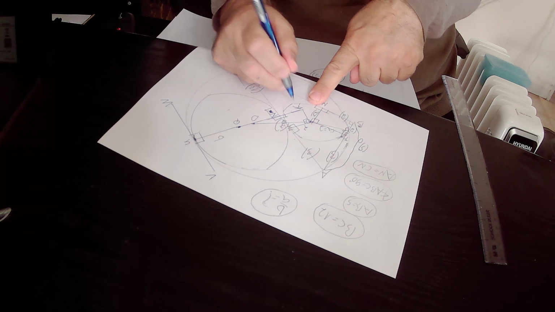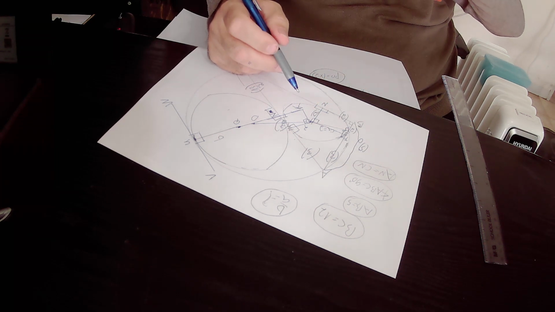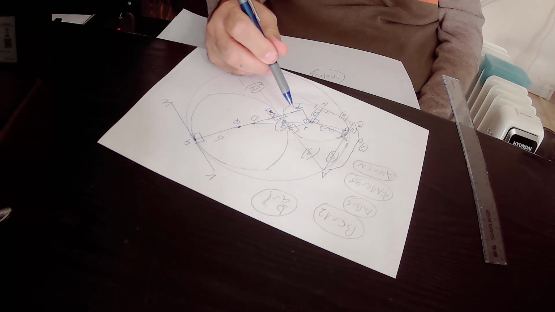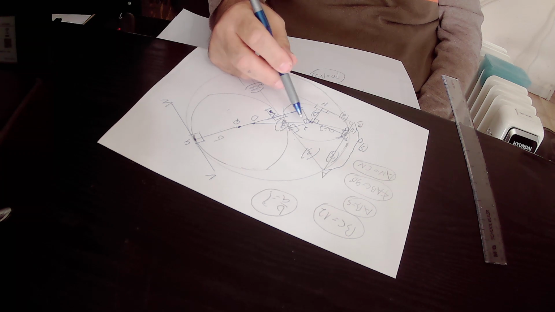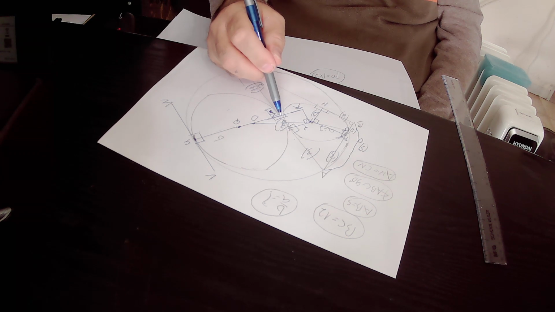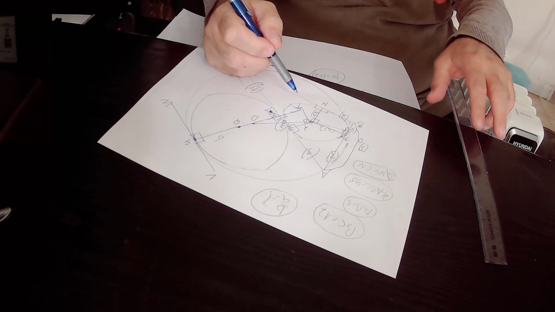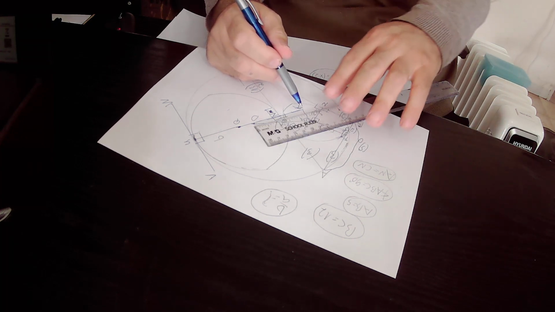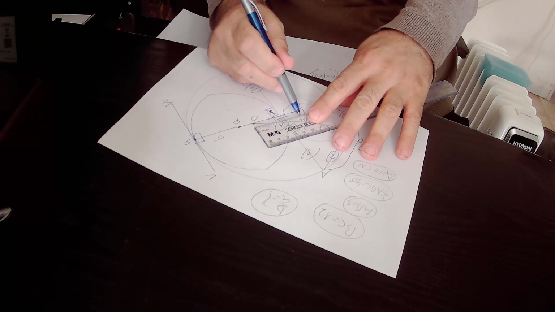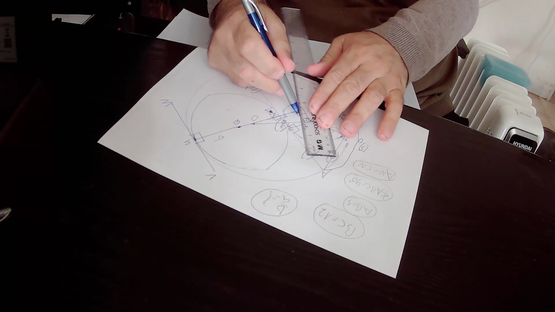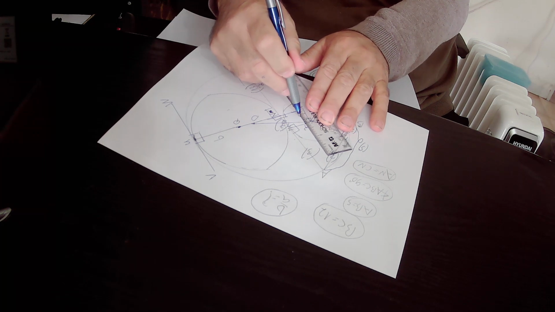So actually, in quadrangle PMNT, we have 1, 2, 3 right angles. Therefore, the fourth angle must be equal to 90 degrees according to the rule that the sum of the angles in any quadrangle is equal to 360 degrees.